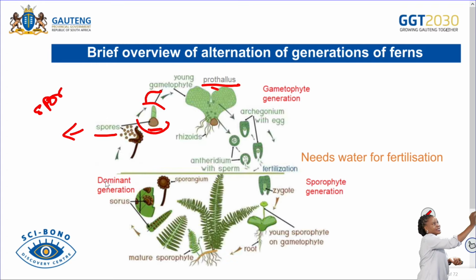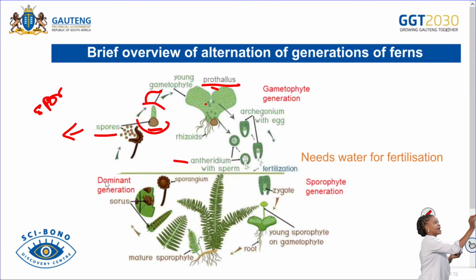What is the prothallus? The prothallus is that heart-shaped structure of the gametophyte. So the prothallus is the part of the fern that has both male and female gametes. Now, the male gamete is called the antheridium.